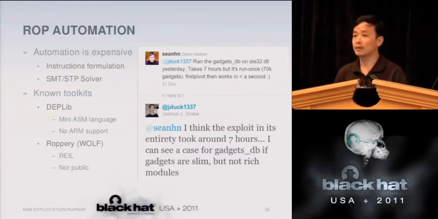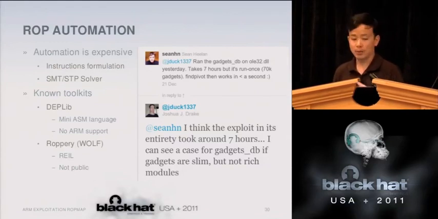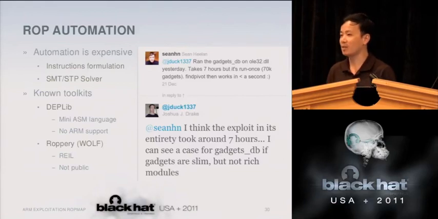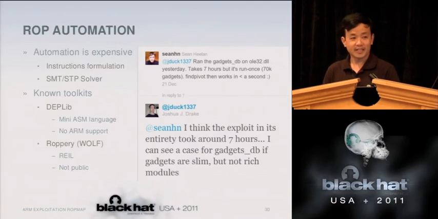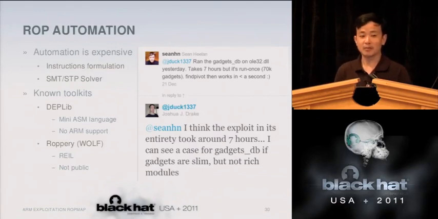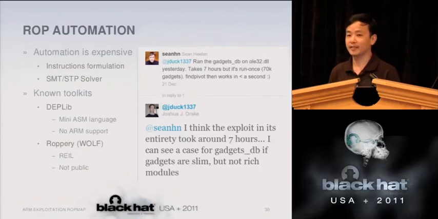In those toolkits, what they do is formulate every instruction to an expression and then evaluate with an SMT or STP solver. That will be very complicated, and frankly, I don't have any experience with solvers. So to do ROP automation, if you remember the third slide, with simple gadgets, we can do automation with no solver here.